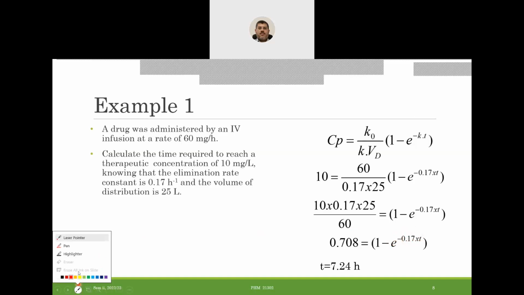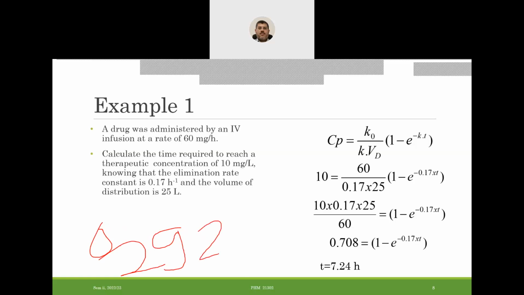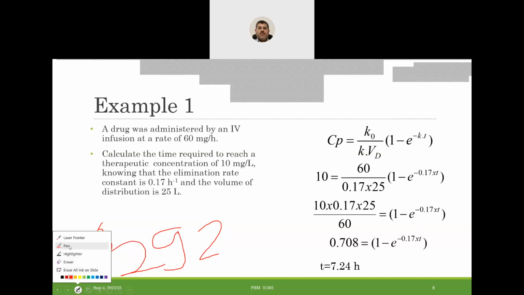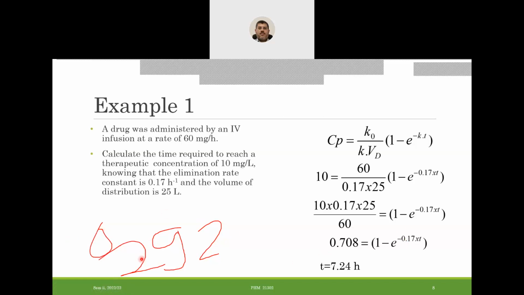You have to take the antilog, or natural log, of 0.292, which will be equal to negative 0.17 times t.